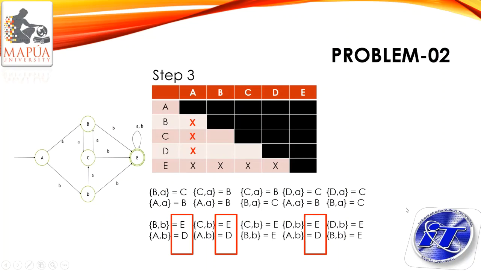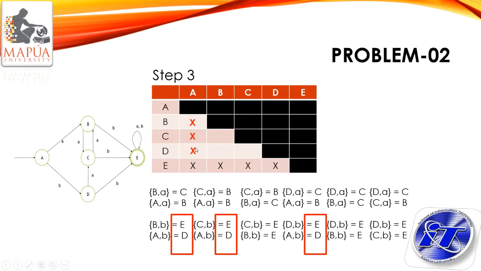Now the DC pair. D at A will go to C, C at A will go to B, BC is not marked. Let's proceed with B. D at B still goes to E, C at B will go to E, and EE is still not marked.